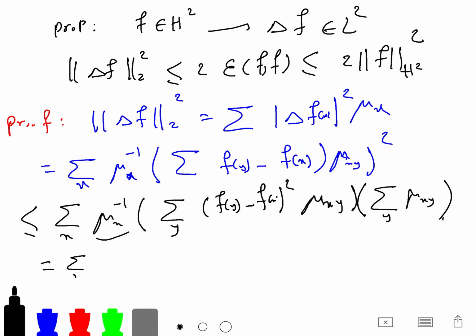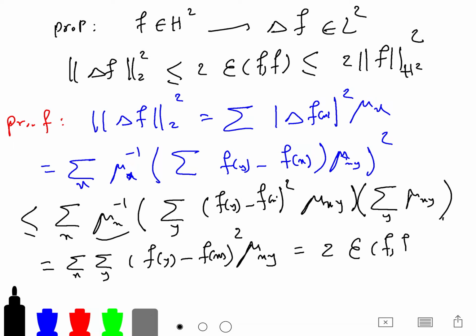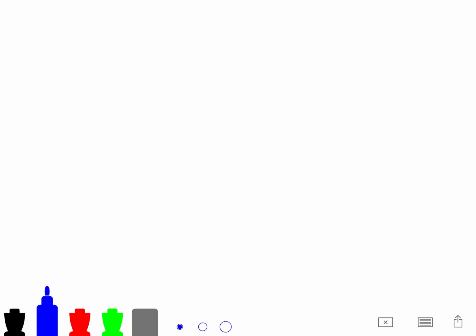So this is equal to the summation over x, summation over y, of f of y minus f of x squared mu xy, which is 2 times the energy of f and f. So we have proved it. So you see how easy these proofs are. Oh, and the killed process is my favorite.